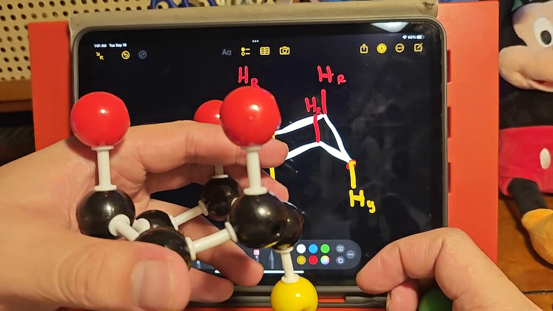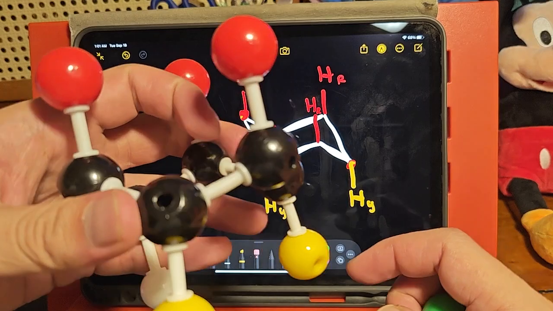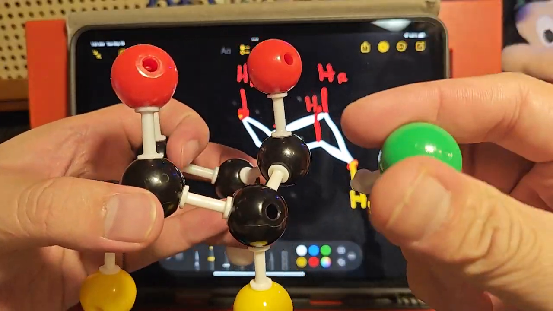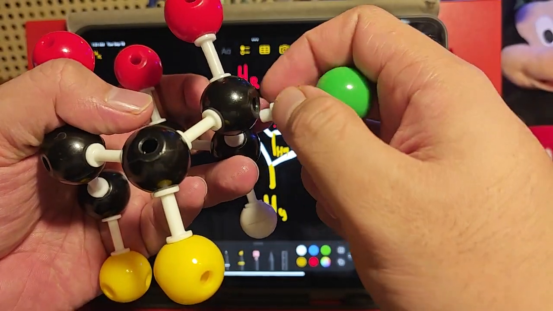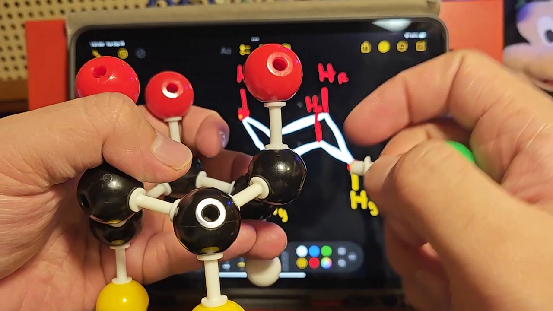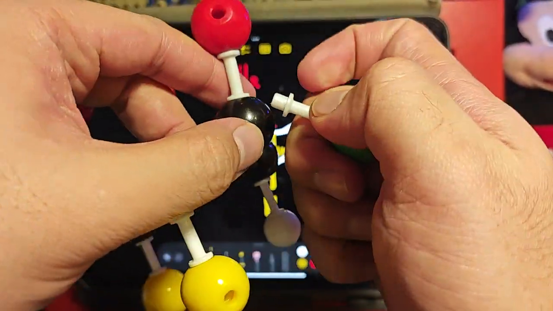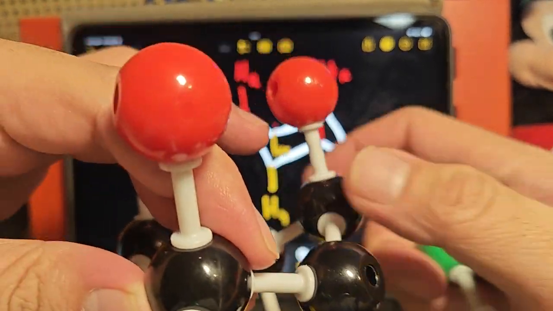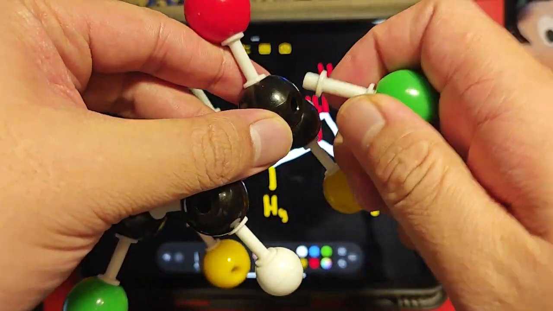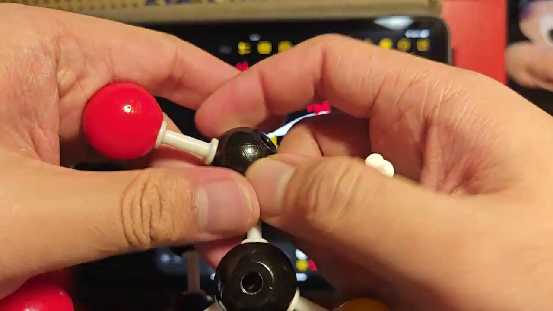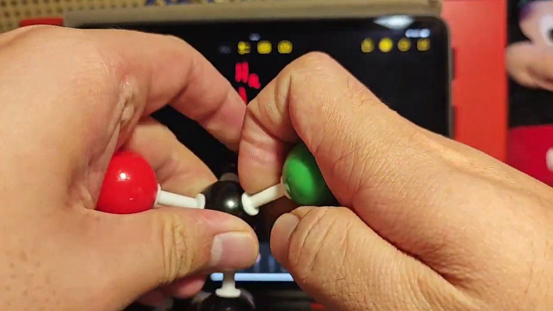What I want you to do is take these green atoms and put them on the remaining slots on where all of the vertical red hydrogens are. So where you have a vertical red hydrogen, I want you to put a green hydrogen there, where there are red ones.